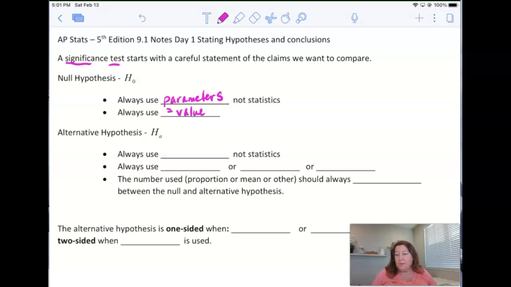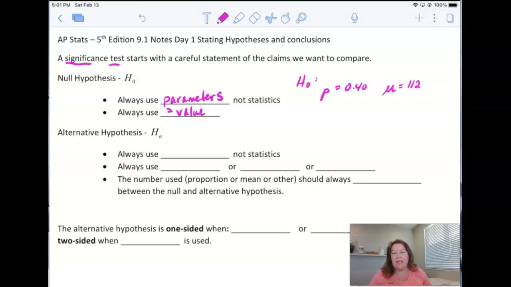So we are still doing proportions, we're still doing means, so it would look something like this: we believe that the population proportion is 40%, or we believe that the population average is 122, or 112, something like that. So it's always a parameter value.